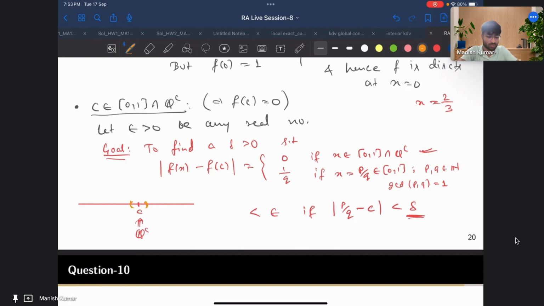But when x from this neighborhood is rational, say of the form p by q, the functional value would be 1 by q, and I have to make sure that I can make this as small as I want. So depending on epsilon I'll get this delta. This is c plus delta, c minus delta. Again I have to find a neighborhood. So first let's say I have fixed the epsilon. It can be anything, but I know the value of epsilon.